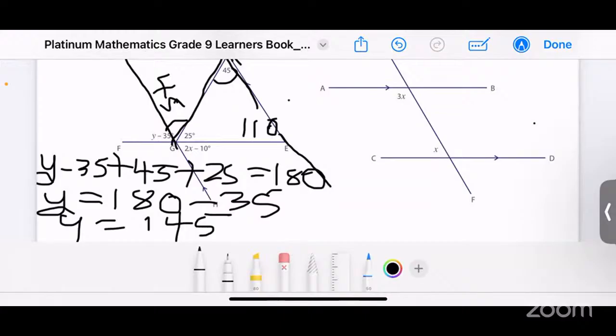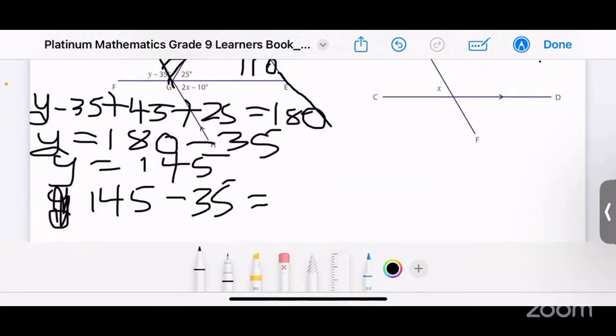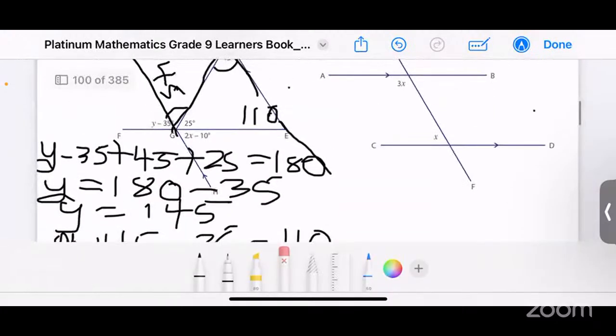But that's not the value of y. If y is 145, what about that angle? That angle is now y minus 35, which gives us 145 minus 35, what? 110. So that angle is 110.